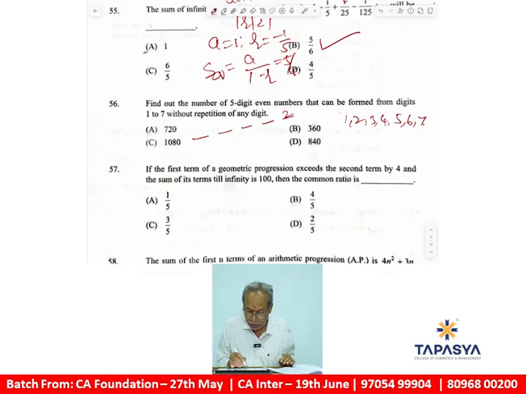So how many numbers are there here? Five places, with the last place being 2.